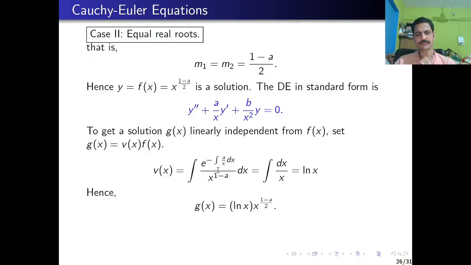So in the numerator we have e raised to minus a log mod x. So that will be e raised to log mod 1 by x raised to a. That is, in the numerator we will have 1 by mod of x raised to a.